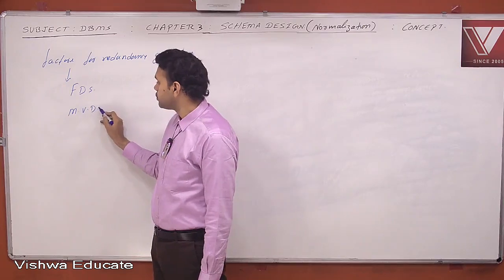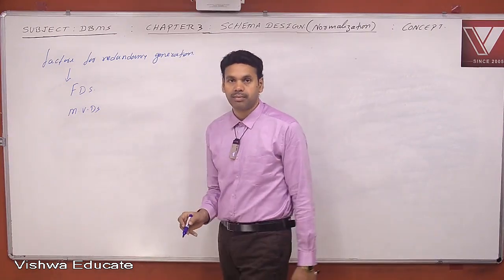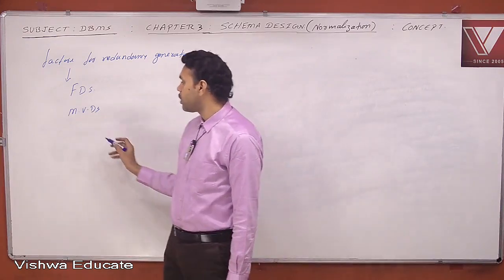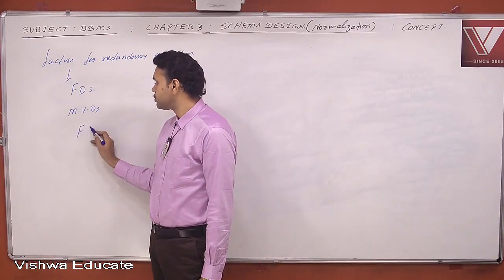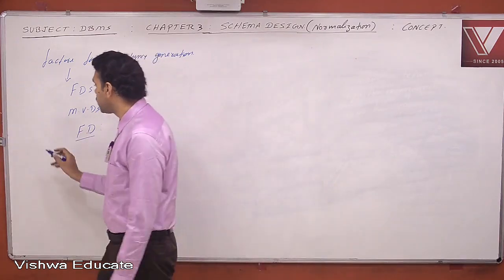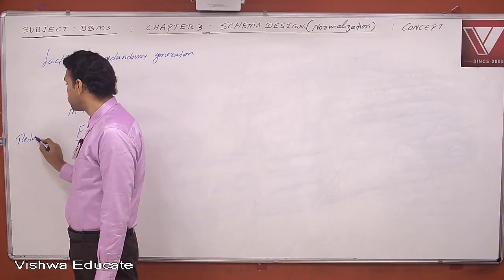Number two, multi-value dependencies. How functional dependency is going to give you redundancy, I will show you. Redundancy through FD.